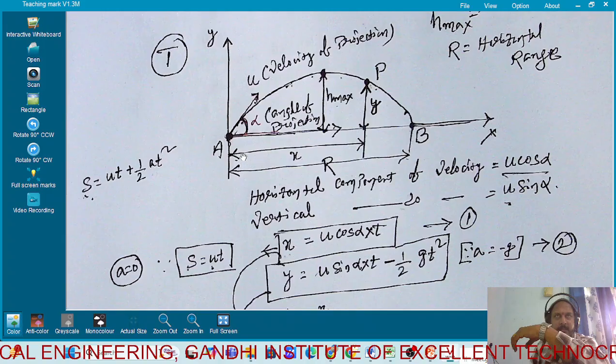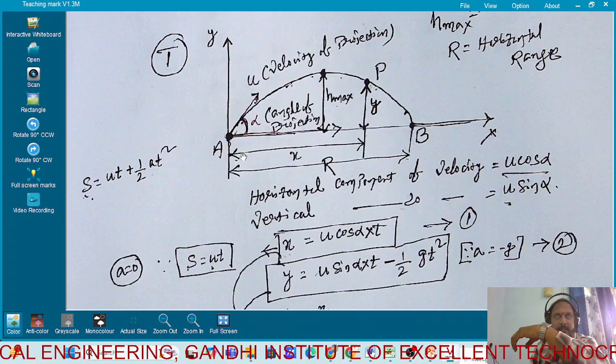At this particular point, what is a? Minus g, or not? a is minus g, 9.8. So 2 into minus g into s. What is s here? H max.